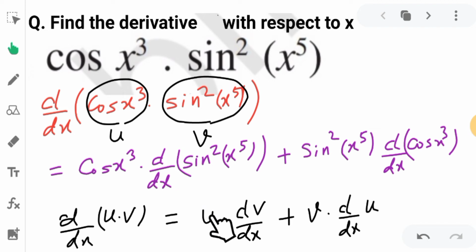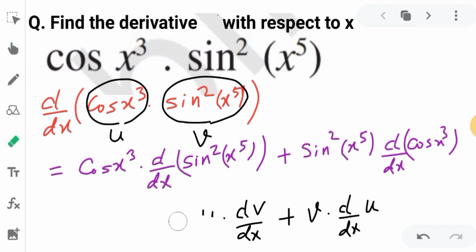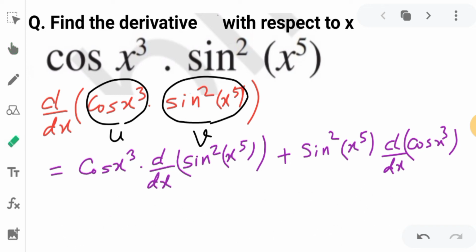I don't think there is any confusion here; I just used the formula.